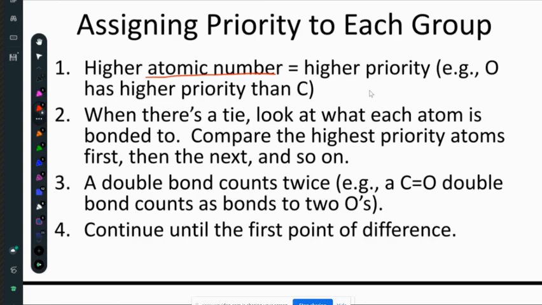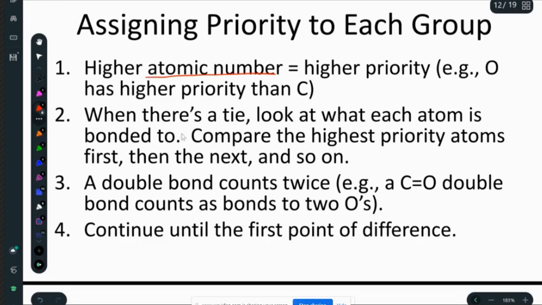We sometimes deal with boron, but usually carbon is the second lowest, behind hydrogen, and then others like nitrogen and oxygen come after that. So first we decide by looking at the atom that's bonded there. If they have a difference in atomic number, higher atomic number gets higher priority. A lot of times we're going to have ties, because in a lot of cases we'll have two carbons bonded to the same carbon.